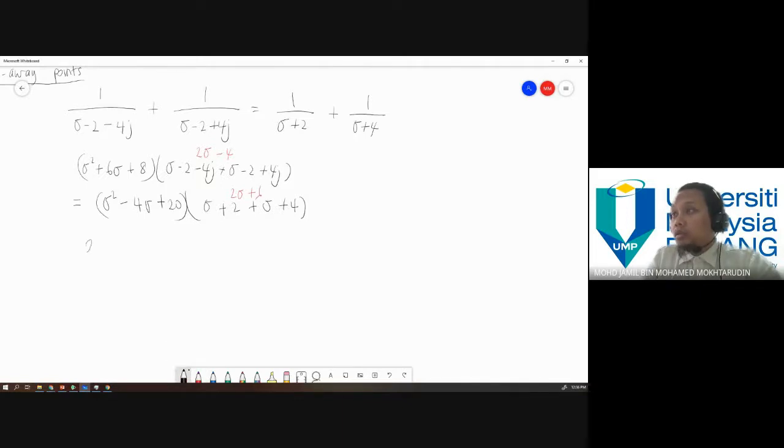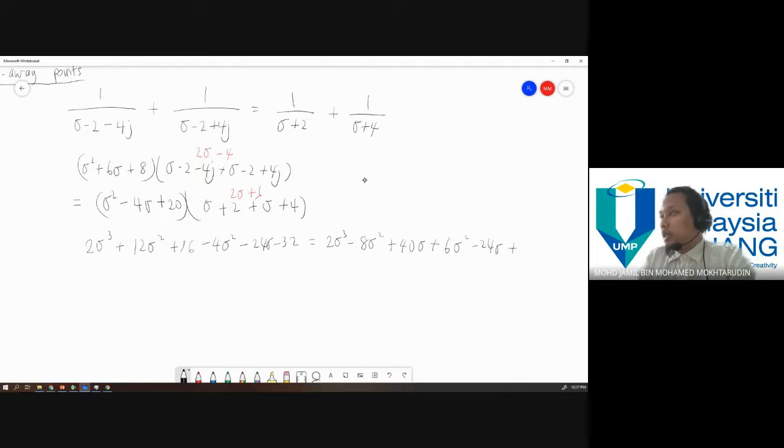So we get 2 sigma cubed plus 12 sigma squared plus 16, minus 4 sigma squared minus 24 minus 32, equals 2 sigma cubed minus 8 sigma squared minus 24 sigma minus sigma squared plus 40 sigma plus 6 sigma squared minus 24 sigma plus 120.